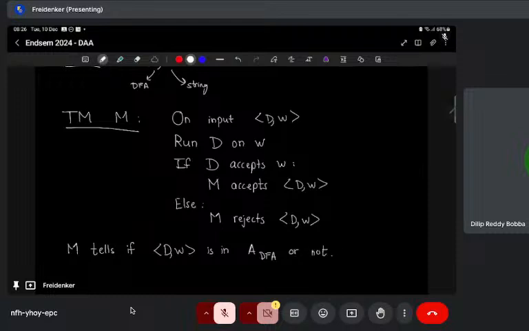Since this is a Turing machine, we know that there is something called a recognizer and there's something called a decider. Recognizer is our plain old Turing machine, but decider is something that halts at every input. So is this Turing machine a decider or a recognizer?